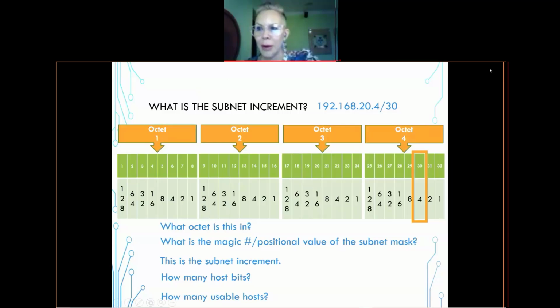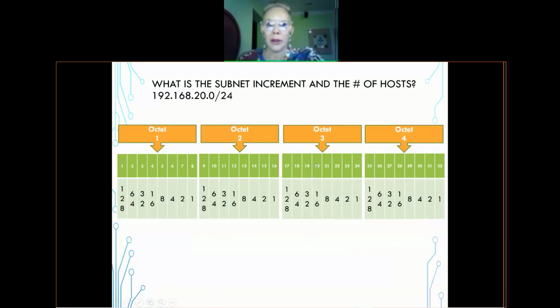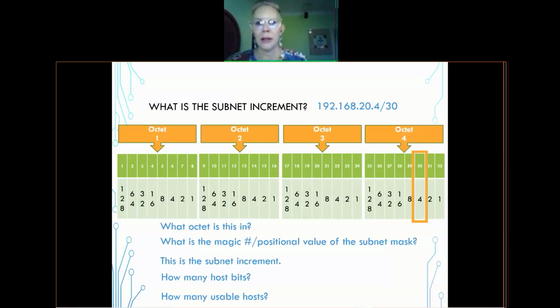Yeah, exactly right, 2. Because with the /30, I have these 2 bits. 2 raised to the power of 2 equals 4. Minus 2 equals 2.